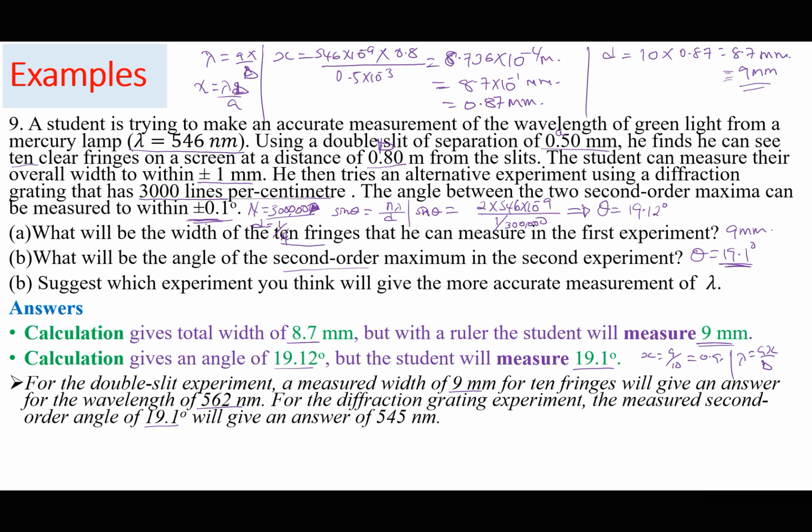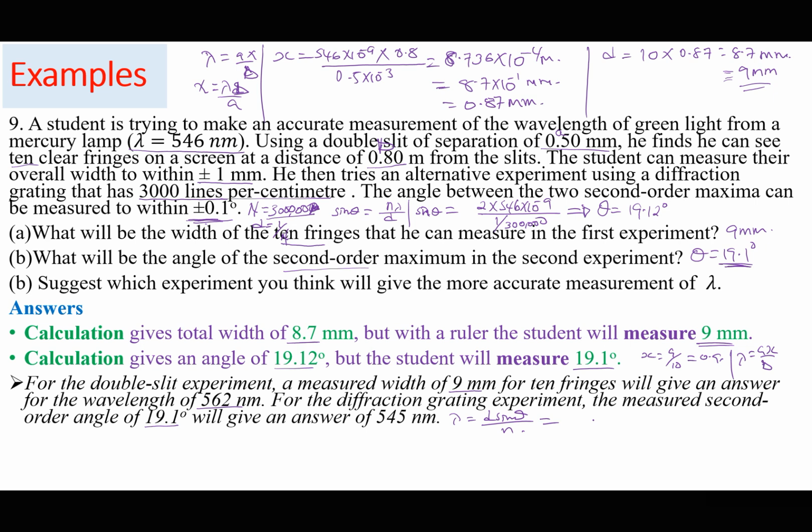Using the diffraction grating, the wavelength is equal to d sine theta divided by n. n is 2, so I'm just substituting. d was 1 divided by 300,000, times sine of 19.1, then divide by n, which was 2.